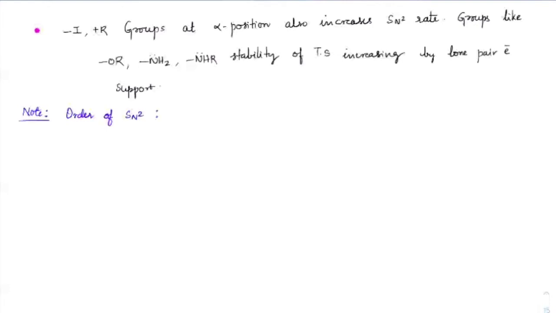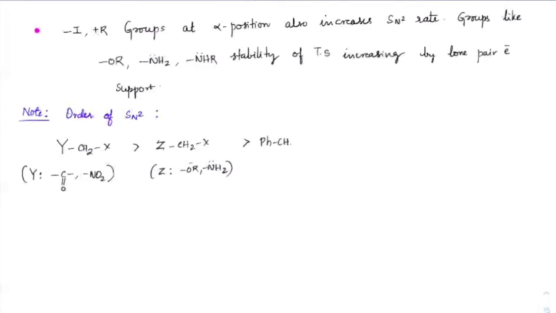These kinds of strong withdrawing groups will increase the rate drastically as compared to ZCH2X, where the Z could be lone pair groups like OR, NH2, which is better than PhCH2X, which is almost same as that of CH3X, which is greater than RCH2X, greater than R2CHX, greater than R3CX.